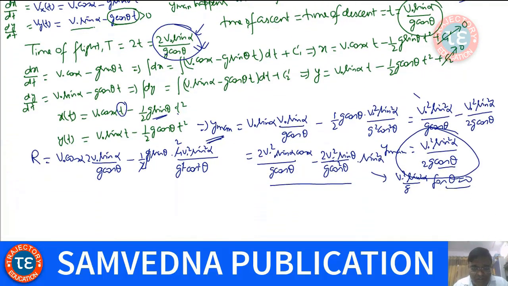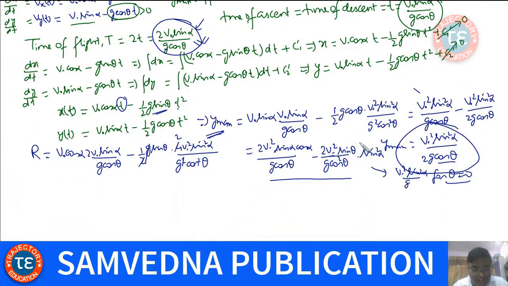And then we found the range also. The formula of range was this. It's very complicated, but this was the formula of range.